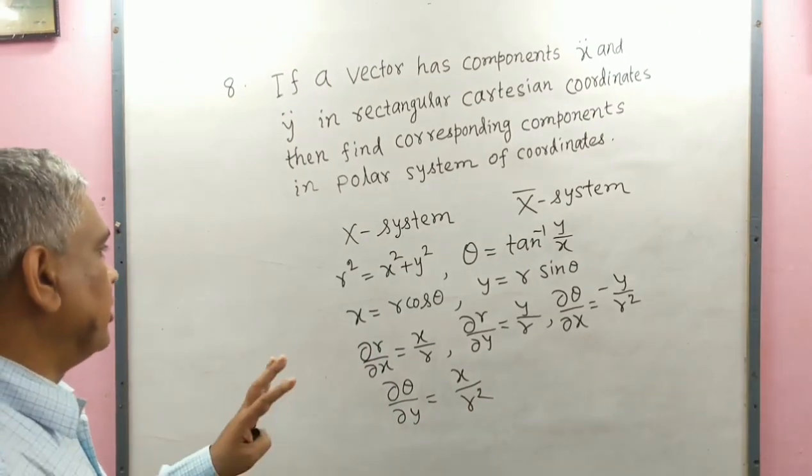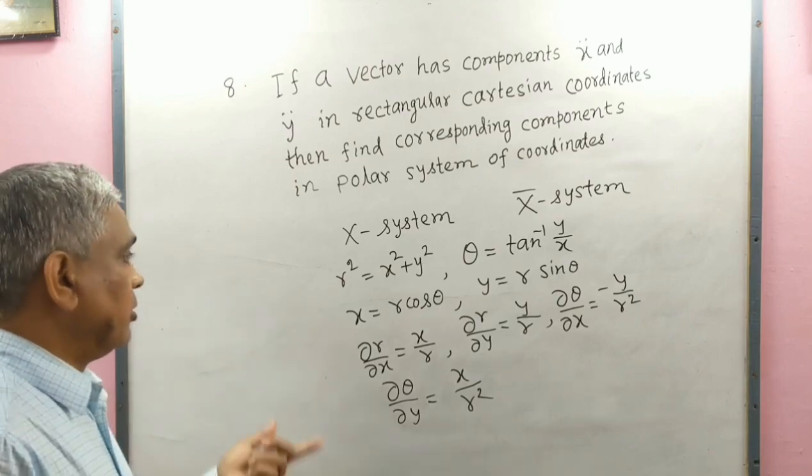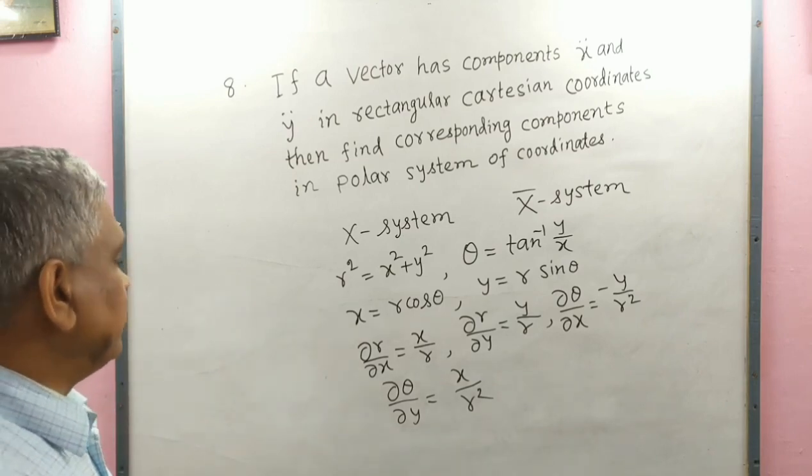These are the relations between the Cartesian and polar system of coordinates.